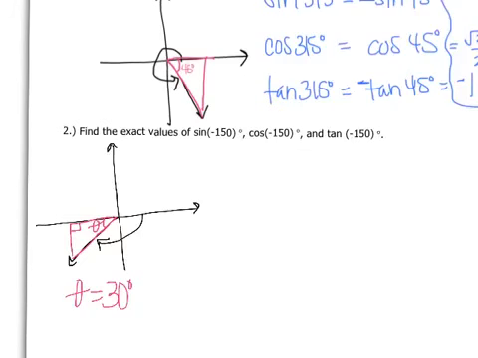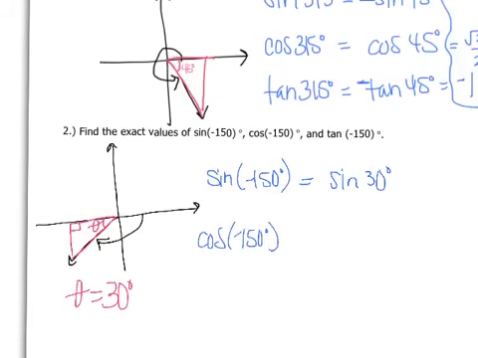So here's what this means. This means that the sine of negative 150 degrees is going to be equal to the sine of 30 degrees. Cosine of negative 150 degrees is equal to the cosine of 30 degrees. These are all equal to its reference angle.